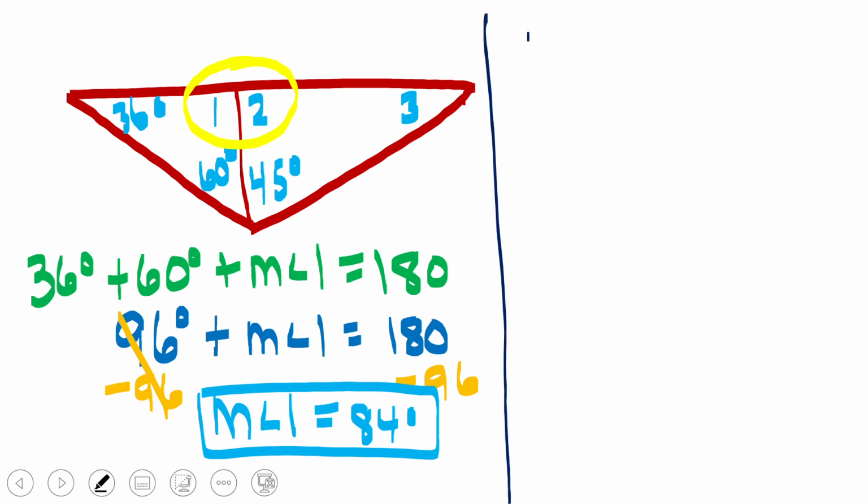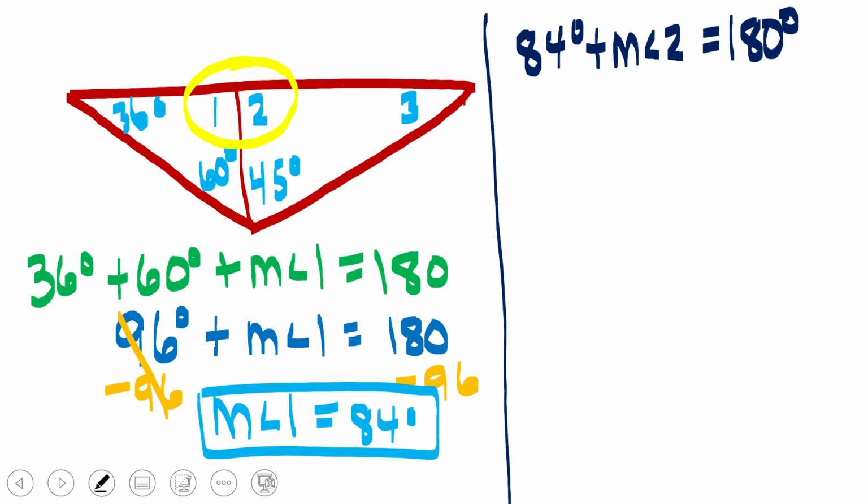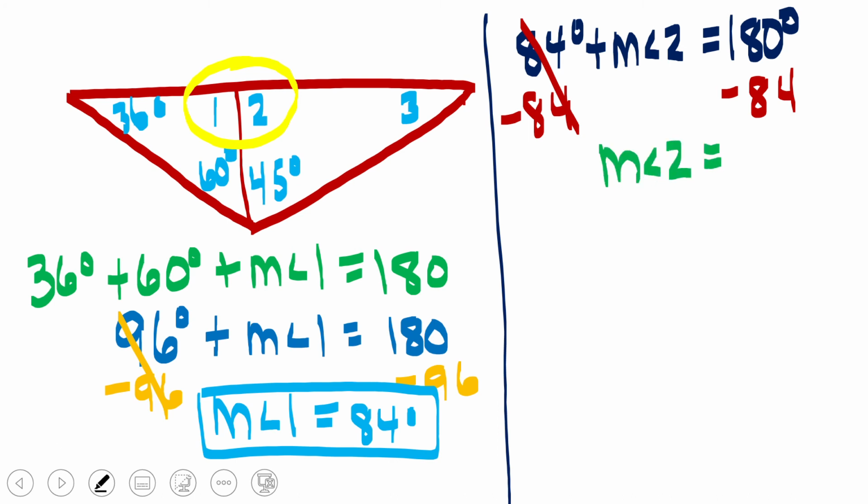So, knowing the measure of angle 1 plus the measure of angle 2 is equal to 180, we continue to solve. The measure of angle 2 will now be equal to 96 degrees.